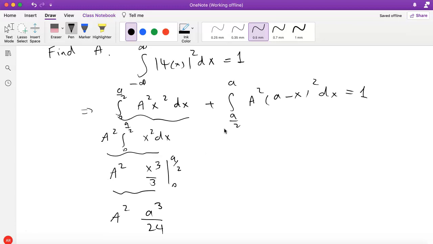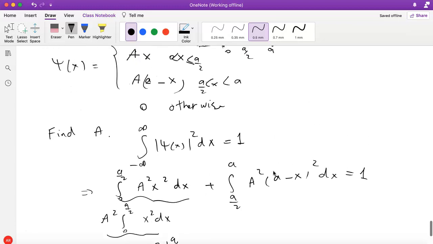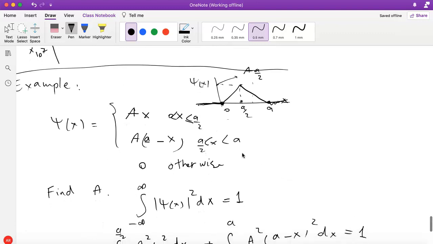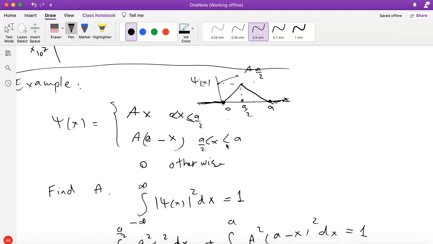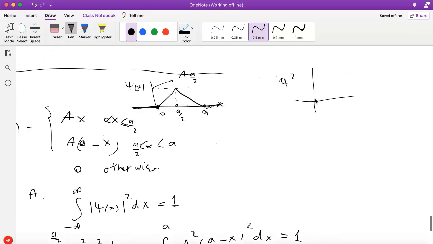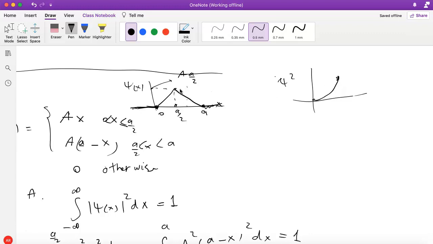The other integral, we can do it, we'll expand this or make a change of variable, but it's basically clear that if you look at psi squared, this should go up quadratically to its maximum value, and then there's a symmetry axis, so this is going to be the mirror image of that, so it's going to come down in the same way.